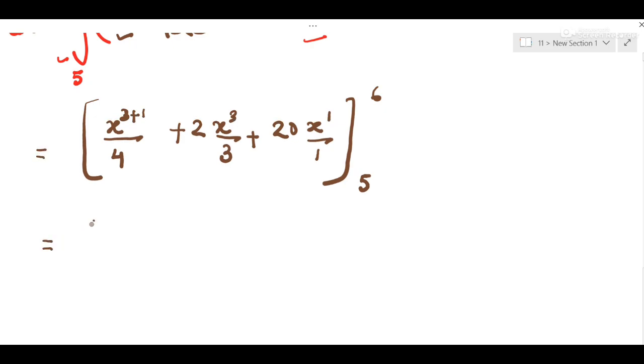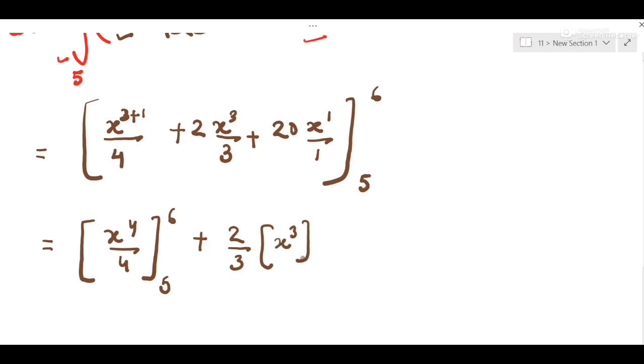Now we'll substitute. We can separate the terms if you wish. For example, this is x to the power 4 by 4 from 5 to 6, and this is 2 by 3 x cube from 5 to 6, and this is 20x from 5 to 6.